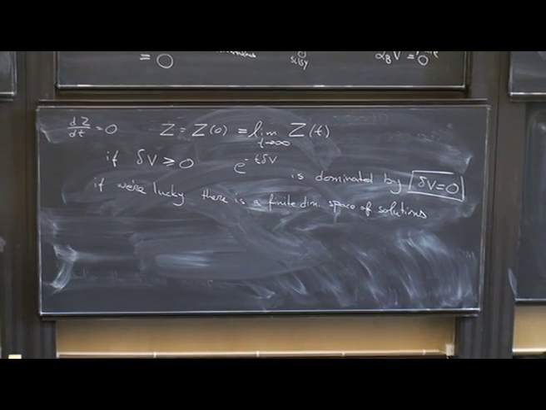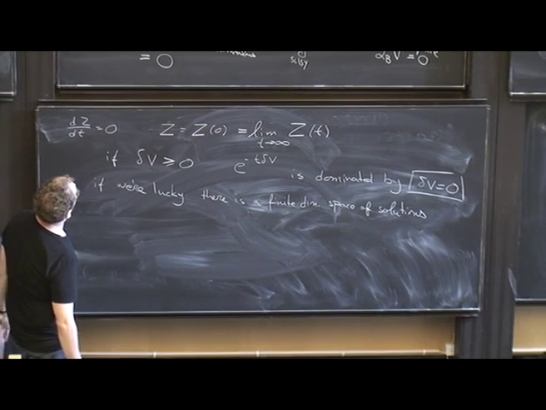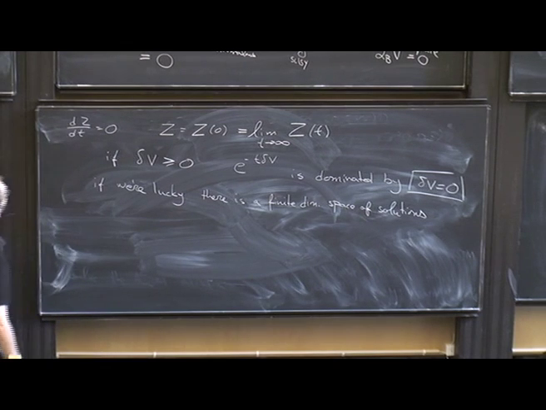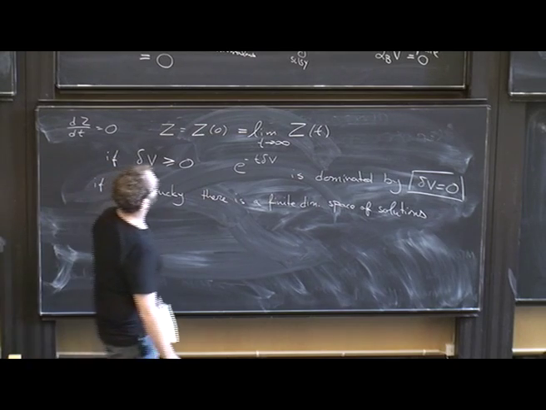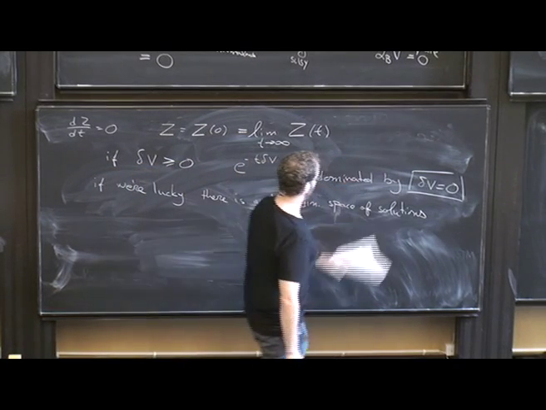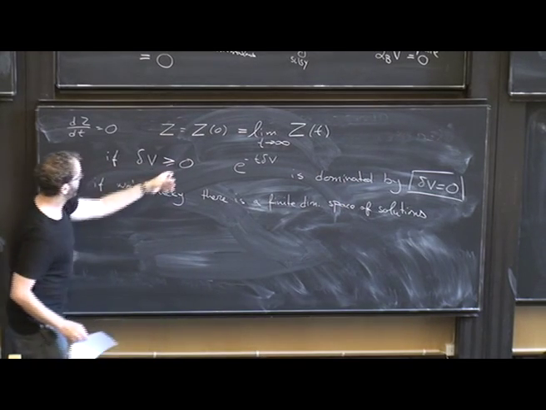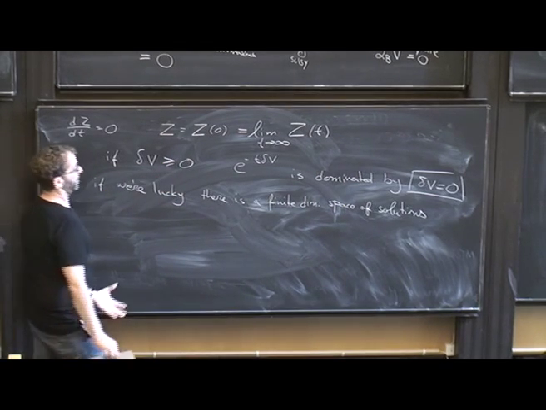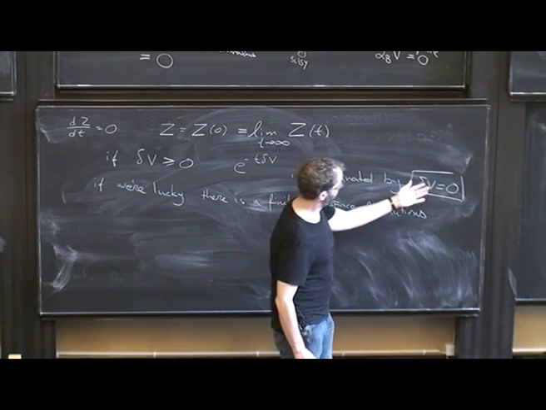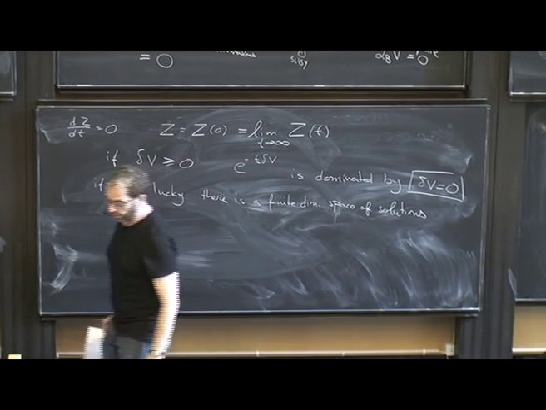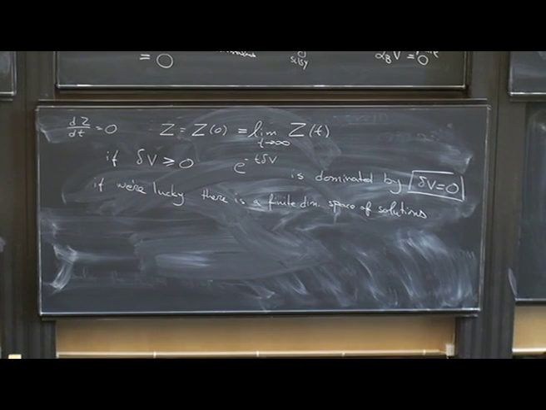So what I described here is a very, very general procedure, but there were many ifs along the way. So you need to make sure that all these ifs are satisfied. Delta needs to be fermionic, V has to be fermionic, delta cannot be anomalous, delta has to square to a symmetry, and V has to be invariant under the symmetry, V has to be positive semi-definite, and if this is going to be useful, the space of solutions of delta V, the vanishing space, is very small.